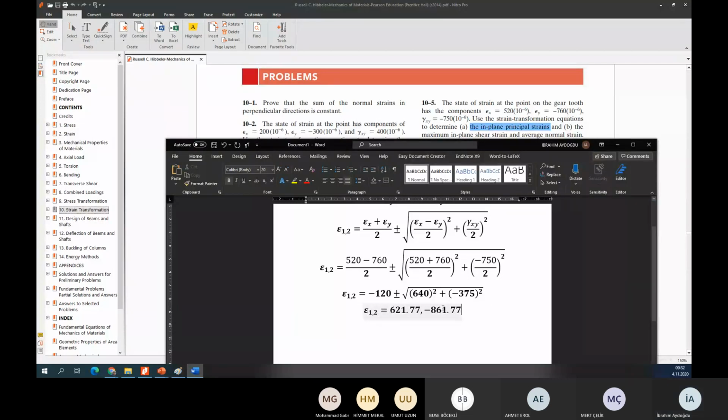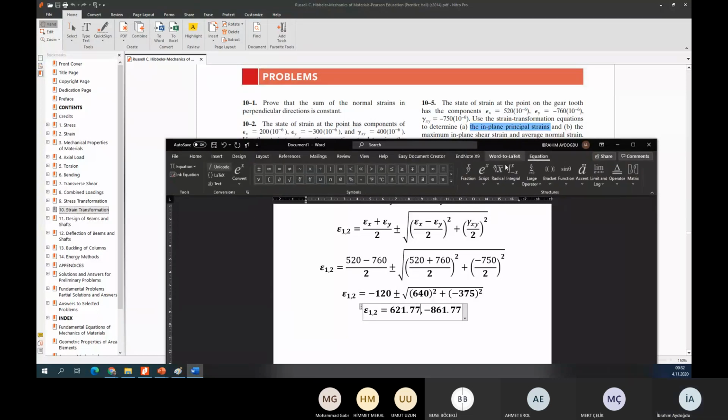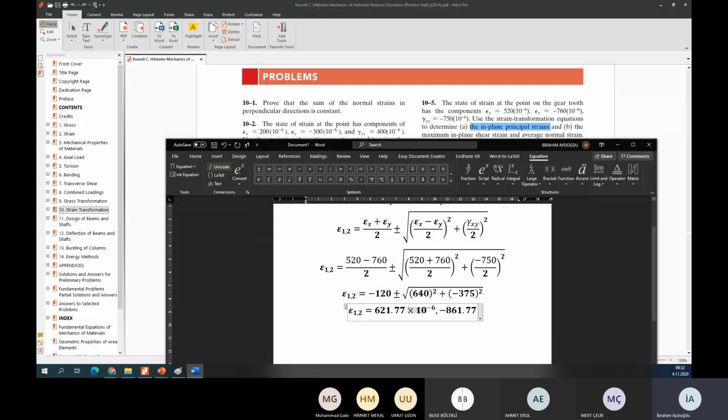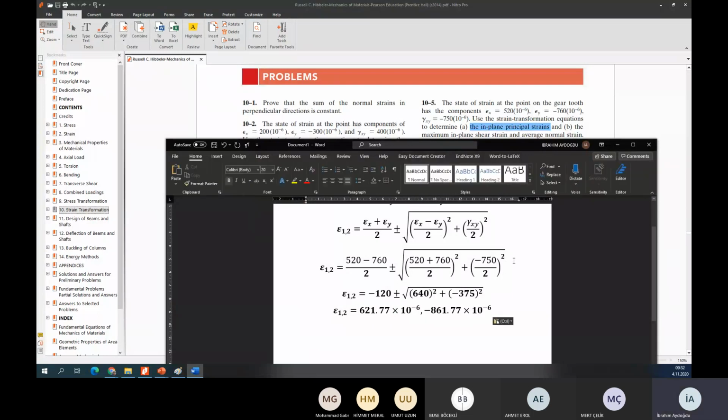Also, I should write the 10 to the power minus 6 in here. I need to write the plus minus in here. There's my plus, very well.